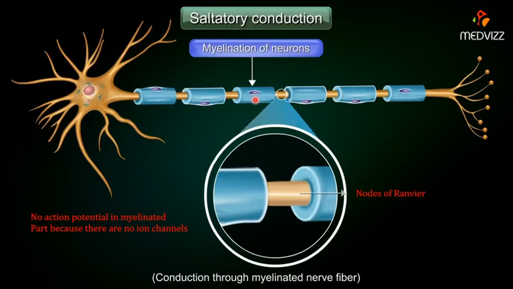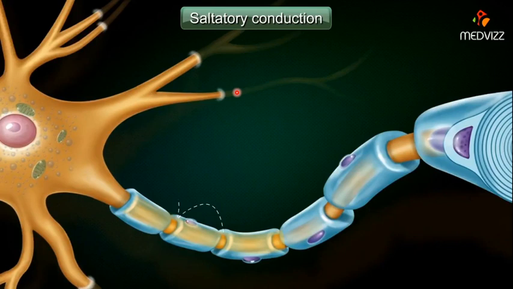So what does saltatory conduction mean? This means that once the action potential is created in one node of Ranvier, it is going to jump directly to the next node of Ranvier, and then it will jump over here, then over here. That means the action potential is spiking or jumping from one node of Ranvier to another, and this movement is called saltatory conduction.